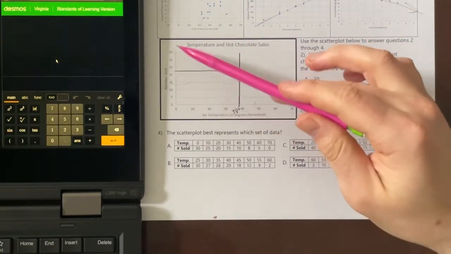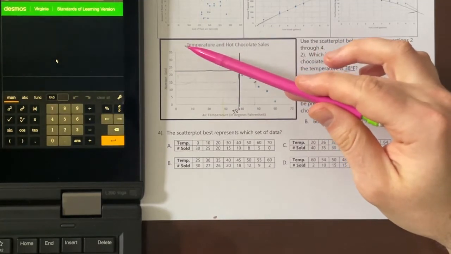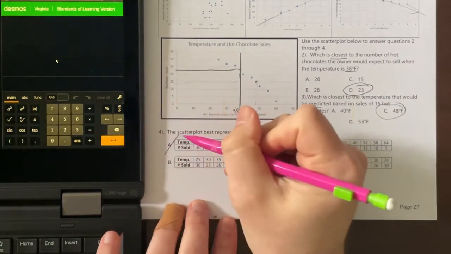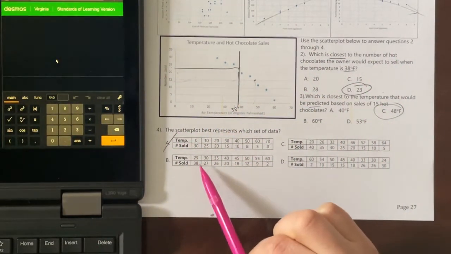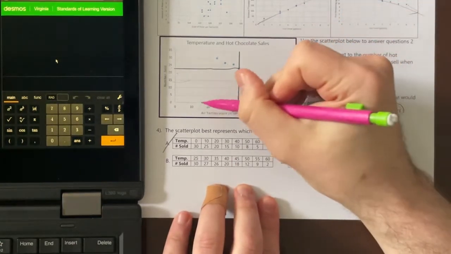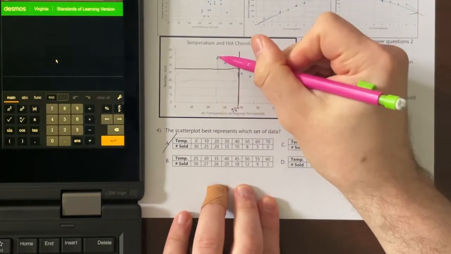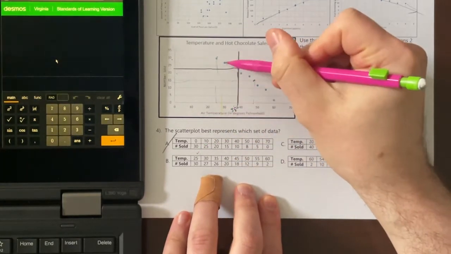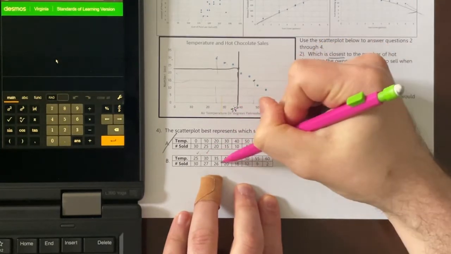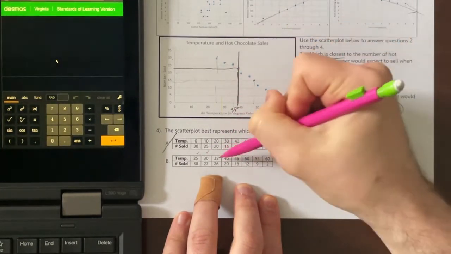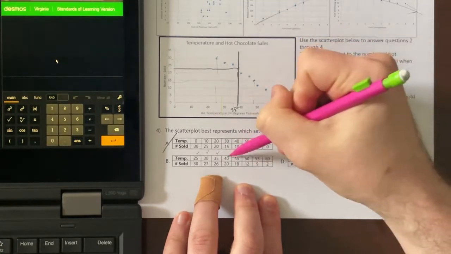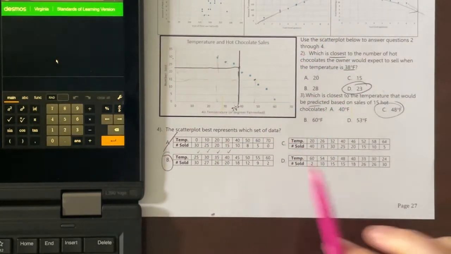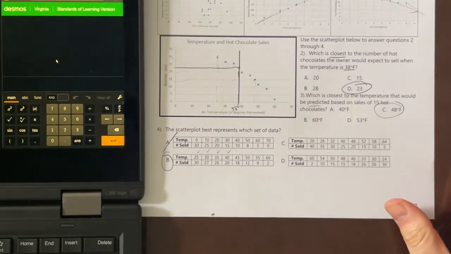Well, I don't have any values on 30, so I cannot include that one. However, for the second one, let's see and match up. It's saying when the temp is 25, I have 30, so that's okay. When the temp is 30, I have about 27. When the temp is 35, I have 26, sure. So if you notice, each of these lines up and matches for that one. So if it gives you a table of values, again, you can create a scatter plot from that.